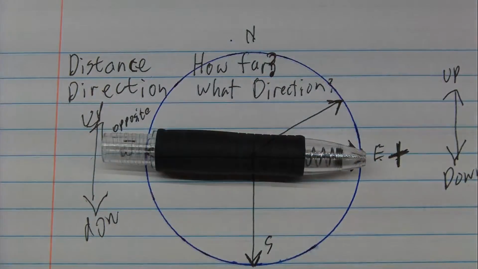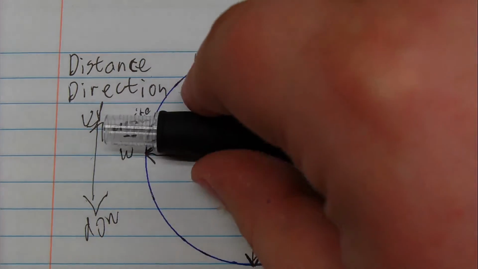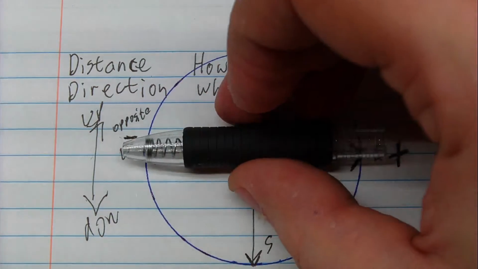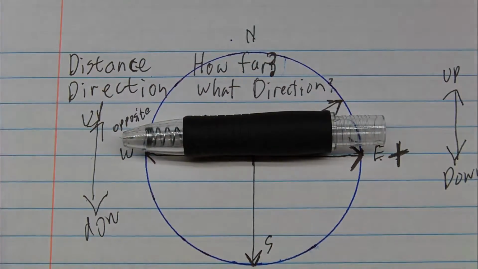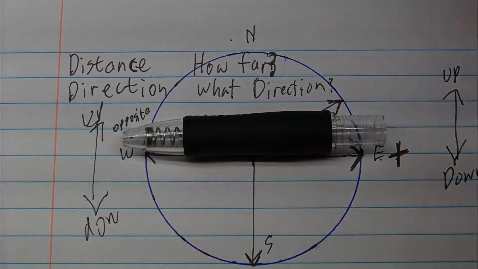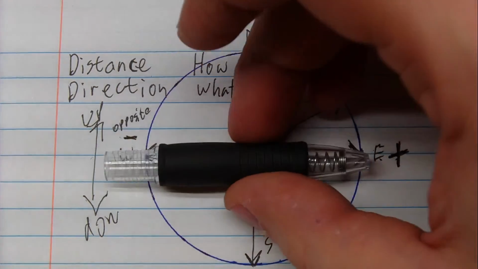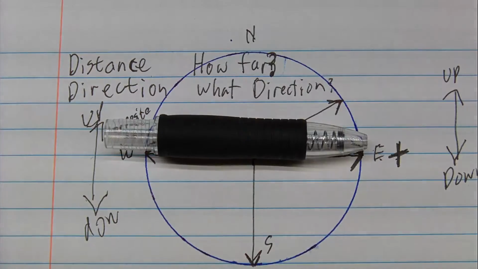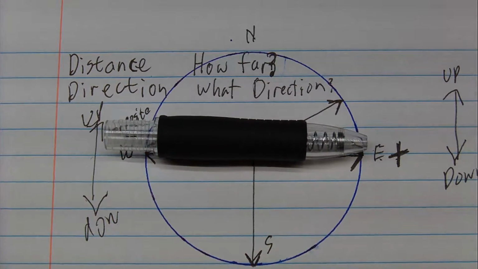Okay, so if I point to the positive direction and then I want to point negative, I turn around, negative. I turn around to the opposite direction. If I turn around again, now I'm back to positive.